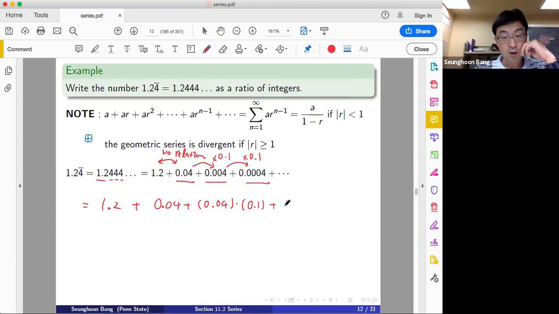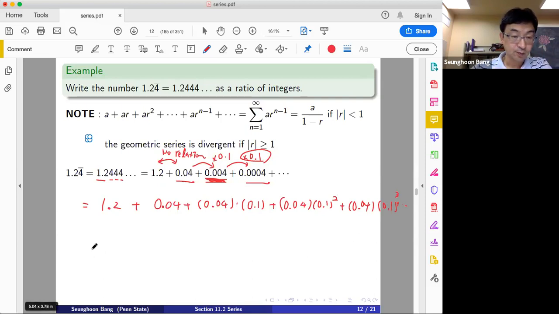So we have 0.04 times 0.1, exactly the previous one times 0.1 again, exactly squared. And the next one is 0.04 times 0.1 cubed, and so on, like this, right?